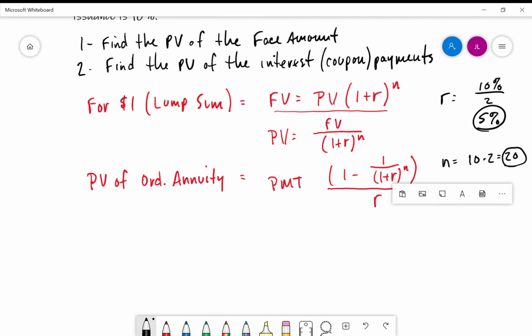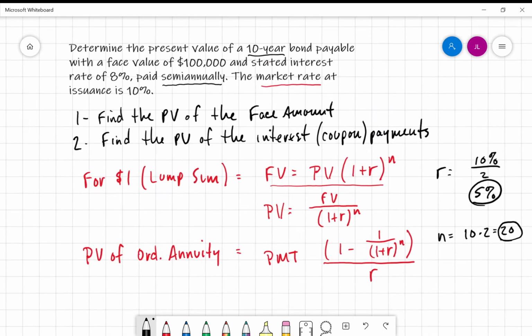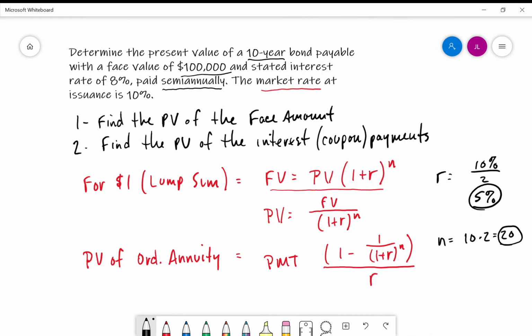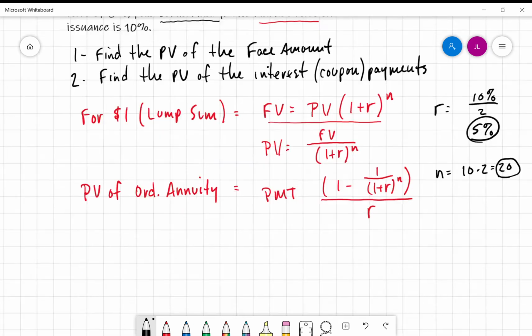Now, that being said, let's look at what we get here. We said, number one, we have to find the present value of the face amount of the bond. And we know, if we scroll back up here, that the face amount is $100,000.